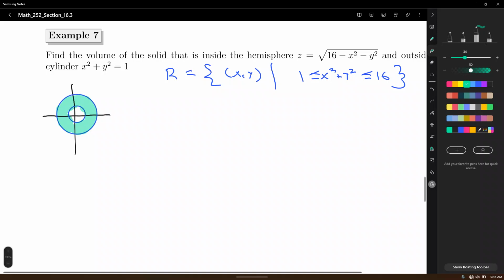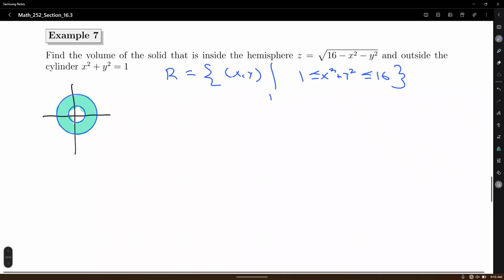And we can already write our domain of integration, R in the world of r theta. The radius here clearly varies between 1 and 4, while the angle goes between 0 and 2 pi. That is the entire rotation.